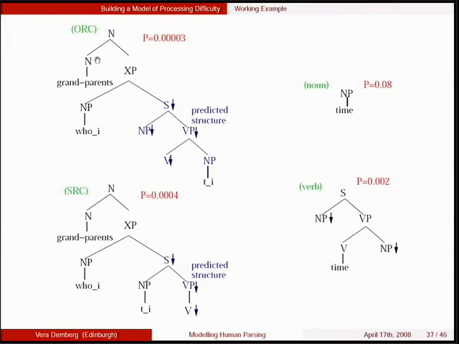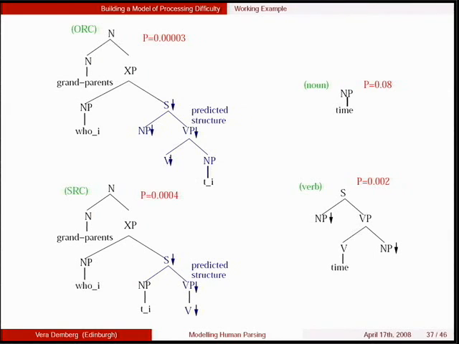So here's the relative clause again. I hope you're not tired of relative clauses yet. So this is an example for an object relative clause here. So if we had, like, my grandparents who, and we would interpret this as an object relative clause, so who my father said whatever, or my father talked to, for example, right?